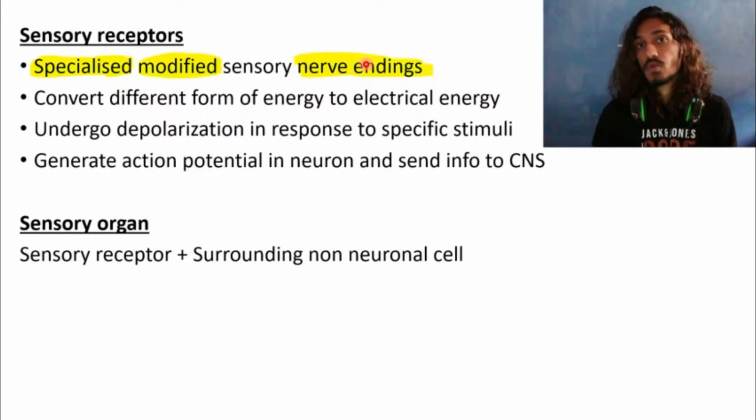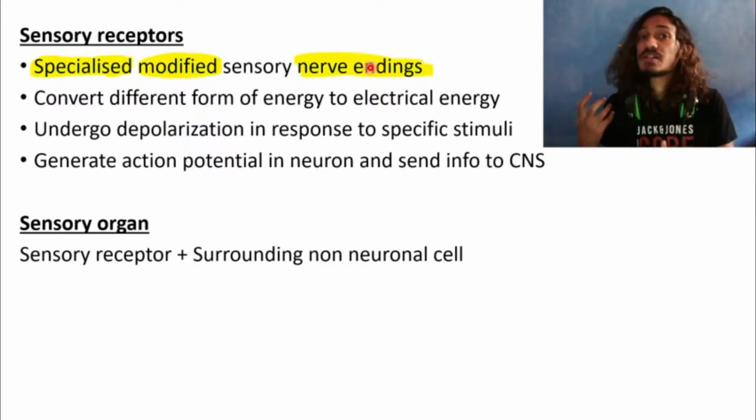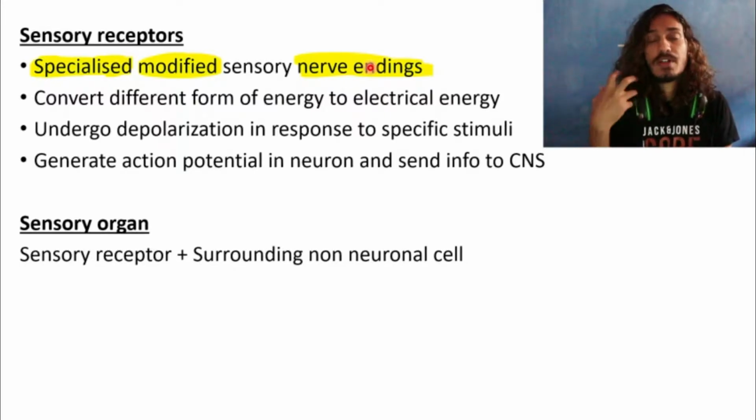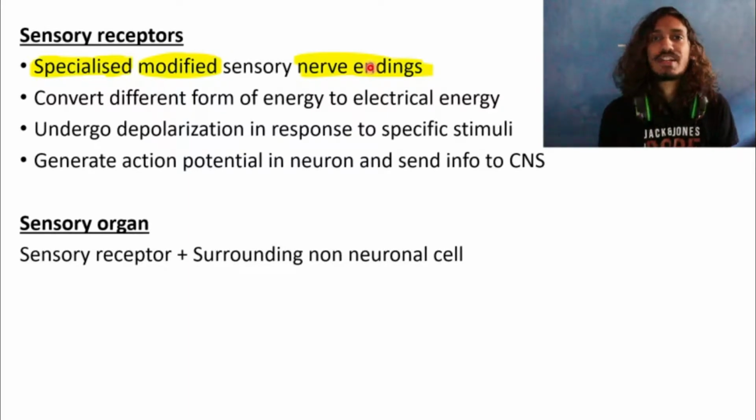They convert different forms of stimuli, any sort of energy, into one that can be appreciated by your brain. The signal moves through your nerves and finally reaches your brain, and your brain should be able to comprehend what exactly the stimulus was. For that, it should be converted into a form neurons can understand, which is an electrical signal.